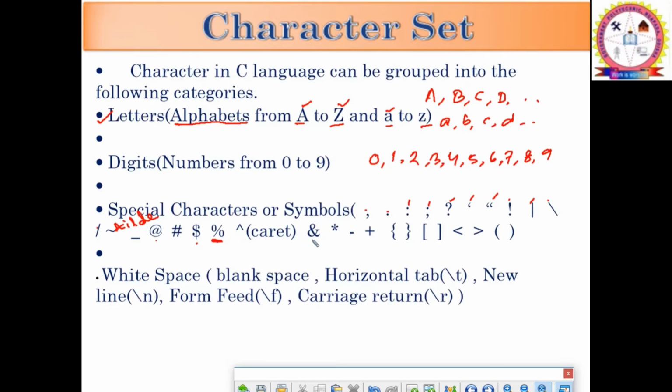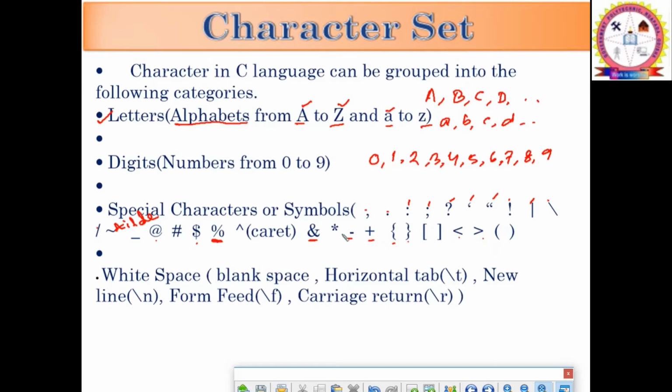This is the caret, and this is the ampersand, the address symbol, which we will use in the C language. This is the star or multiplication operator. This is minus, plus, and these are curly braces, opening and closing braces, square brackets, angular brackets, and parentheses.